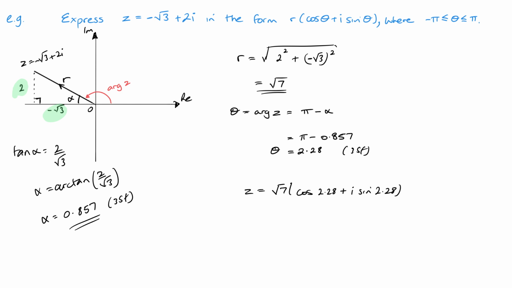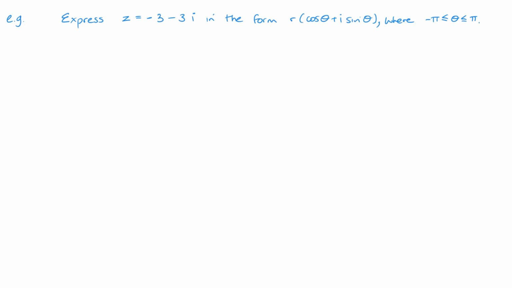Let's have a look at another one. So same kind of question, just start off by using the Argand diagram. So we've got minus and a minus, so we're going to be in that third quadrant there, the bottom left one. So here we have it with our z, minus 3 minus 3i.